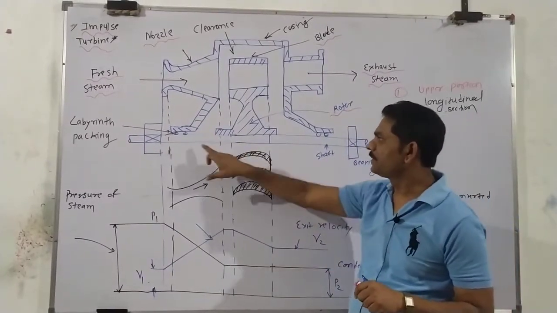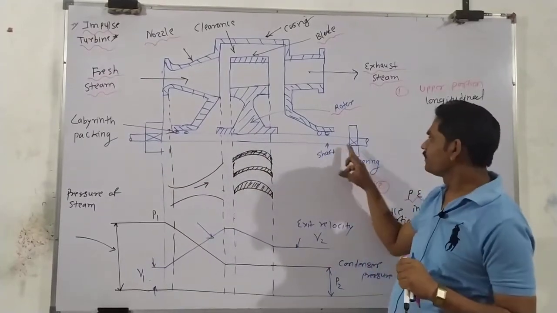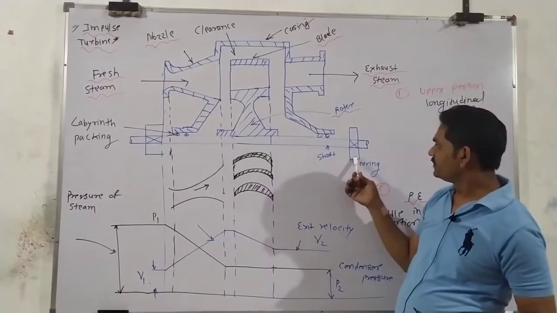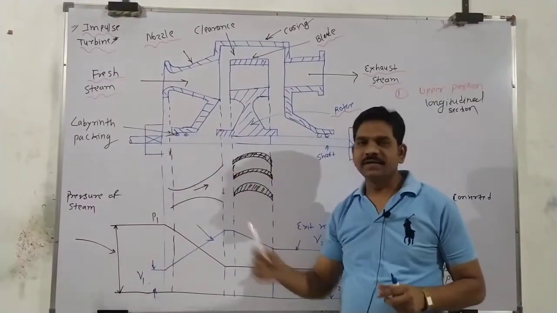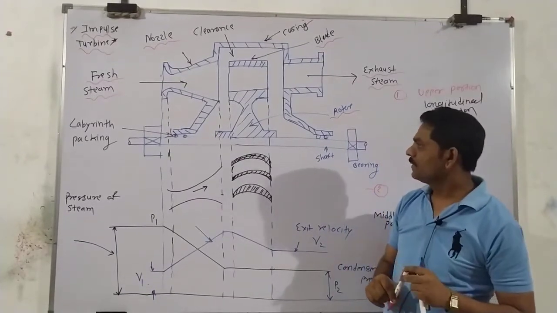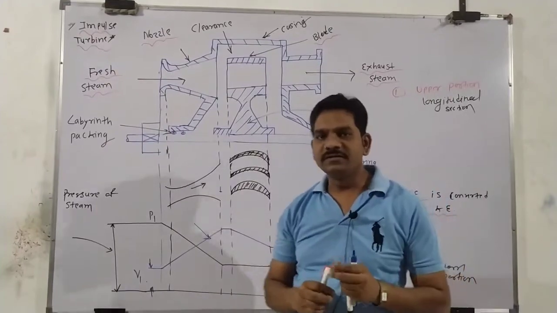This is the shaft of the impulse turbine, and it rotates in 2 bearings. So this is the upper portion, the longitudinal section.